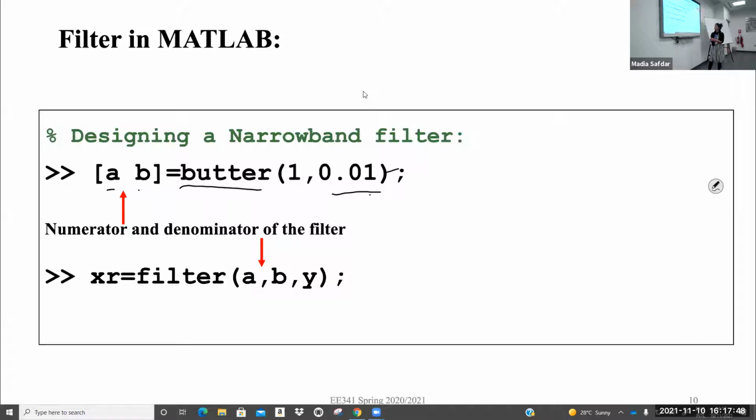To write the filter step, you have to write these two commands. For the mathematics I will not go through that. I will just tell you that this is the filter, this is the order, this is the frequency, and these are its outputs, the numerator and denominator.